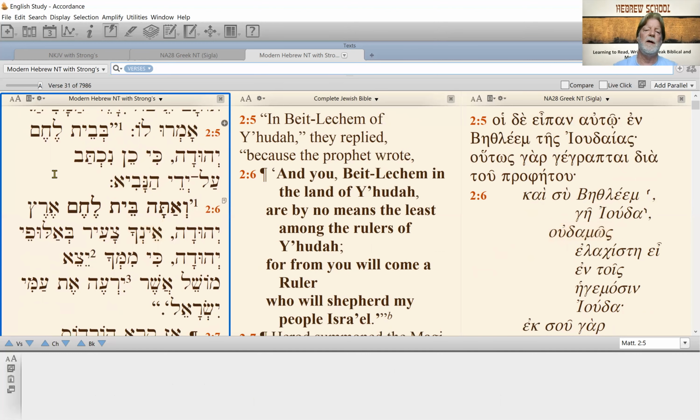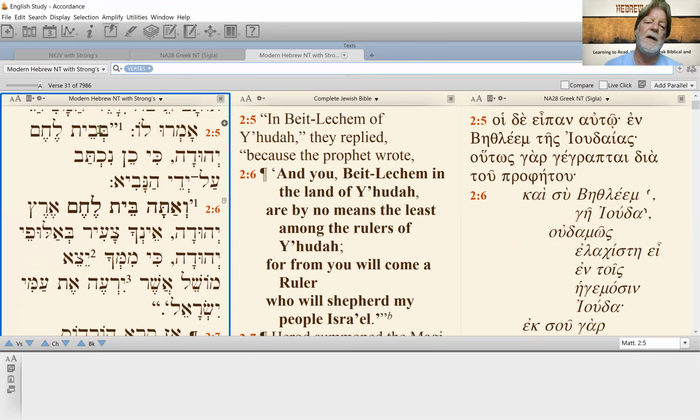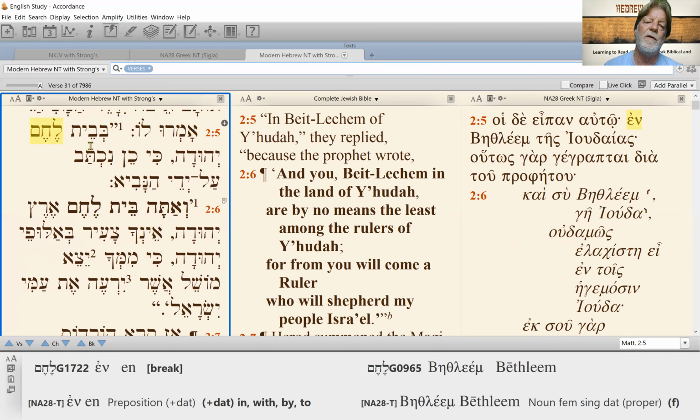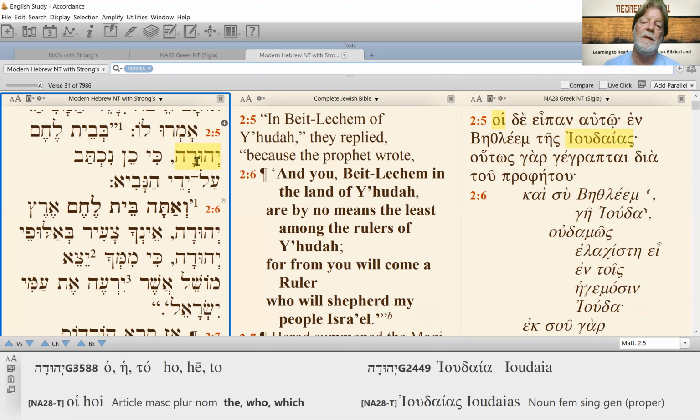Verse 5, they said, Amru, they said to him, lo, Bavet Lechem. We've already encountered Bethlehem, and here we have the Beit or Ba prefix, meaning in Bethlehem. Yehuda, and again, Bethlehem of Judah distinguishes this Bethlehem from one that was up north in Galilee.